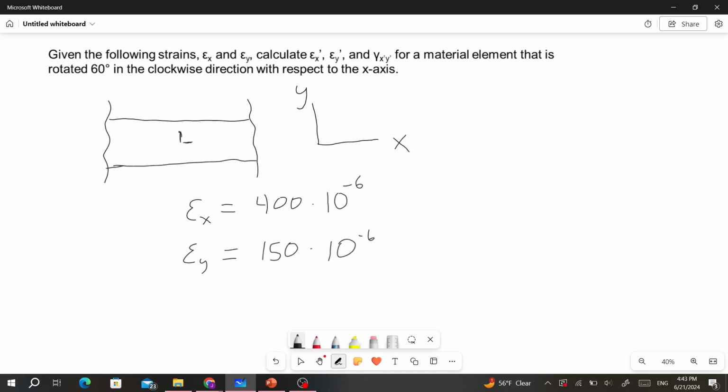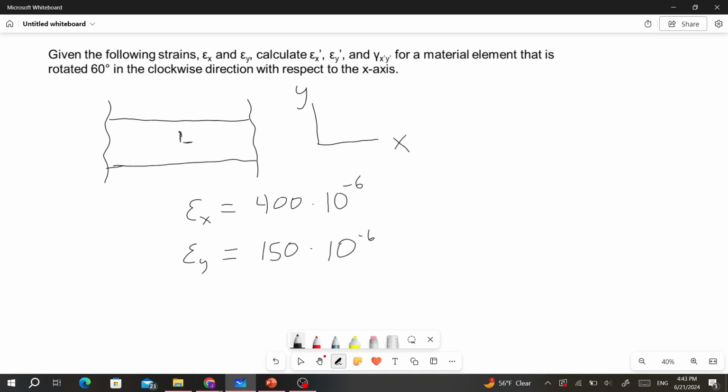With these strain gauges, which I just drew on the material, we're able to measure strain in x and y, with epsilon x equal to 400 microstrain, written as 400 times 10 to the minus 6, and epsilon y equal to 150 microstrain, or 150 times 10 to the minus 6. Remember, strain is unitless.